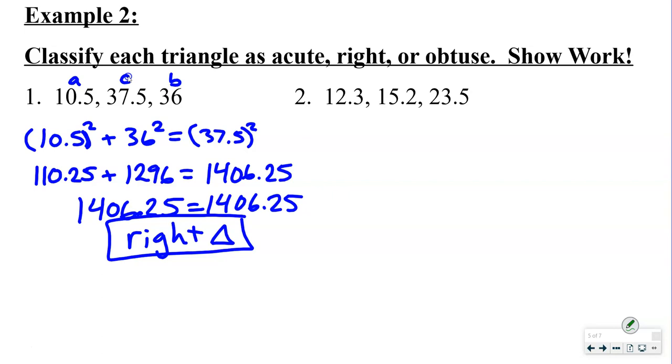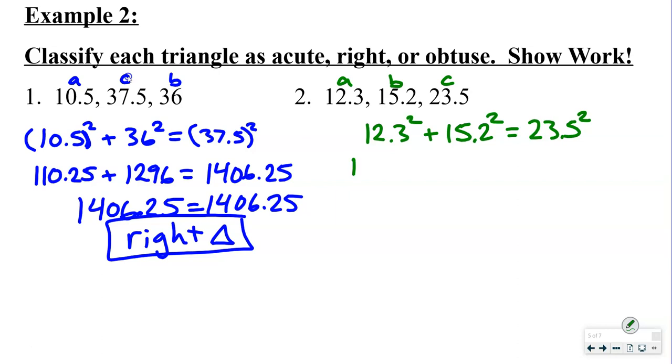So my longest side here is 23.5, that'll be C. My other two can be A and B. So I have 12.3 squared plus 15.2 squared equals 23.5 squared. 12.3 squared is 151.29.